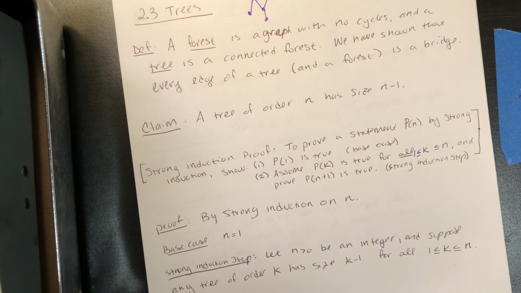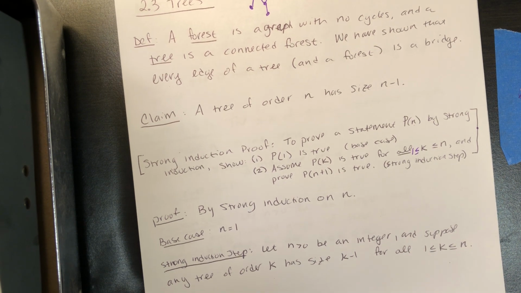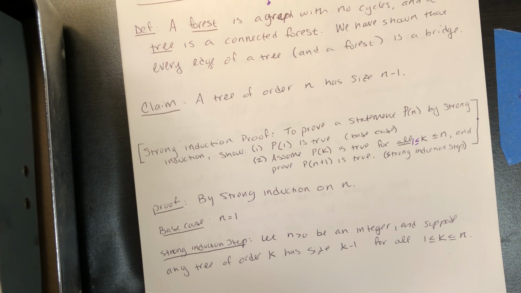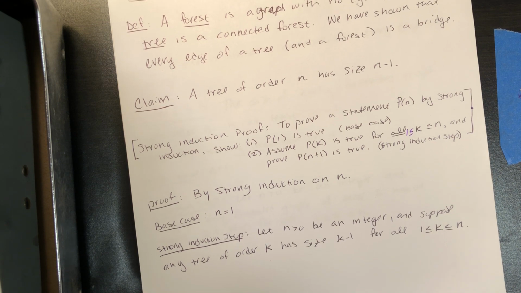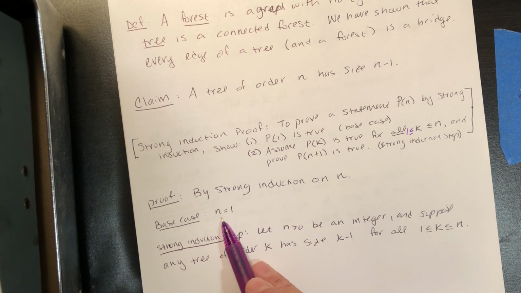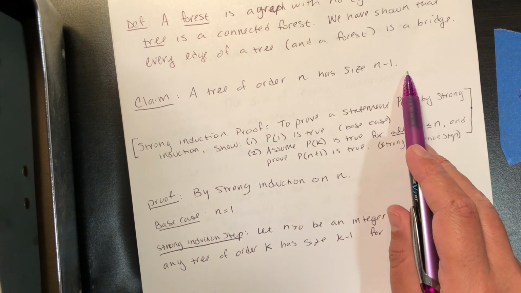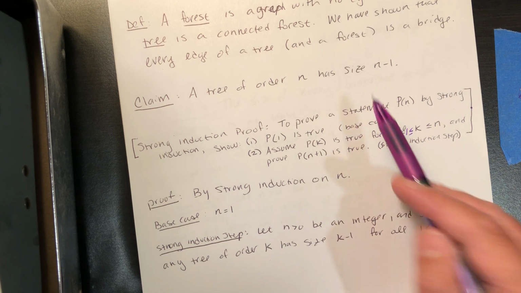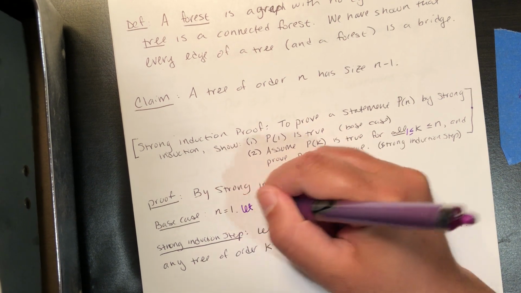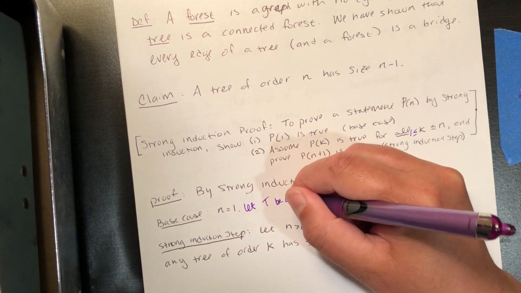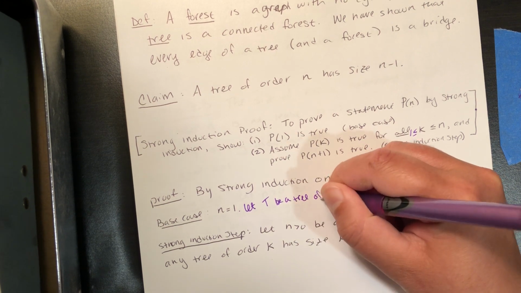Right, so we're going to prove that a tree of order n has size n minus 1 by strong induction on n. So the first thing we need to do is prove that it's true for the base case. In other words, we need to show that a tree of order 1 has size 0. Okay, so let's let T be a tree of order 1.